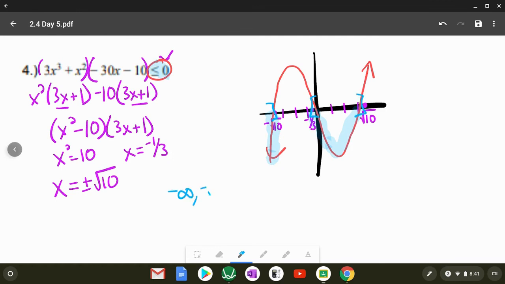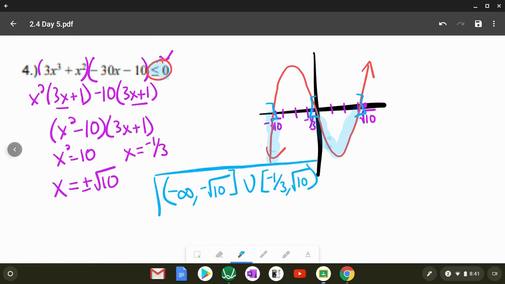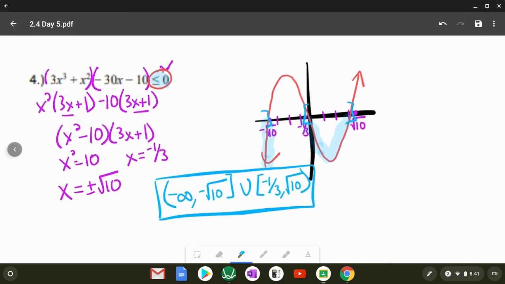You definitely do not want to have something that looks like this, where it looks like a half bracket, half parenthesis. You need to be clear with your square. That one's actually not great. You need to be clear that it is a bracket or it is a parenthesis. For the infinities and the negative infinities, we always have parentheses.